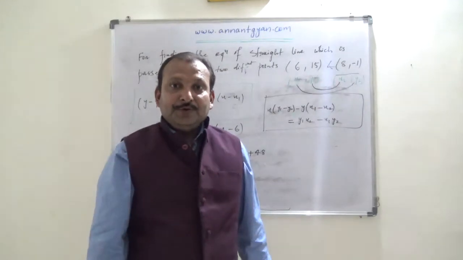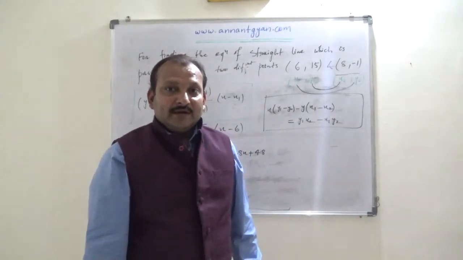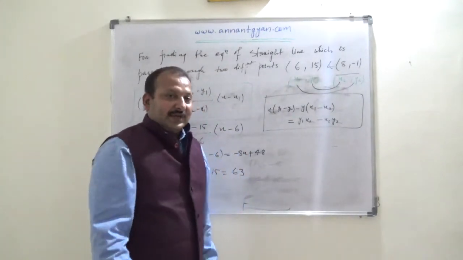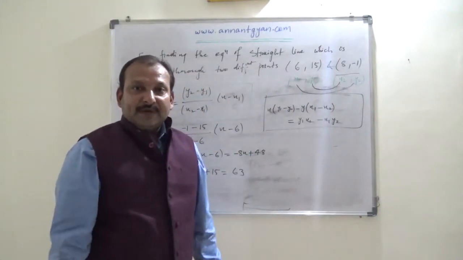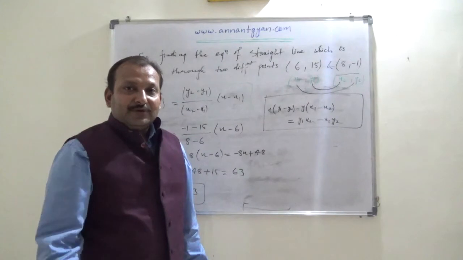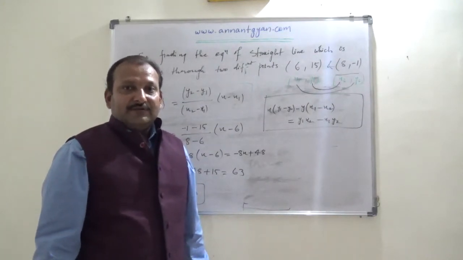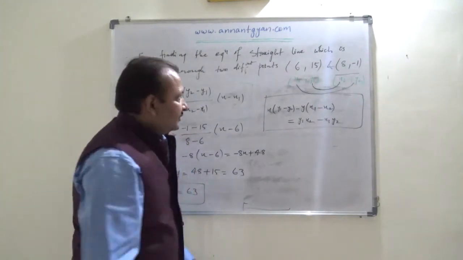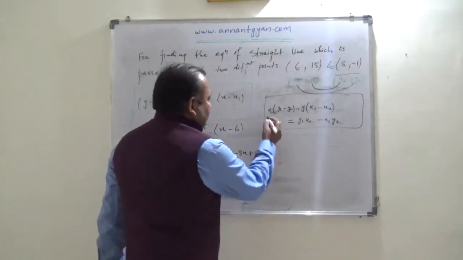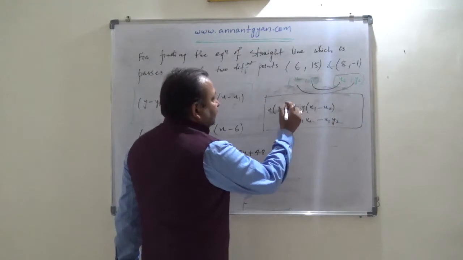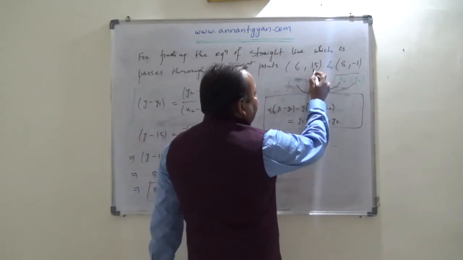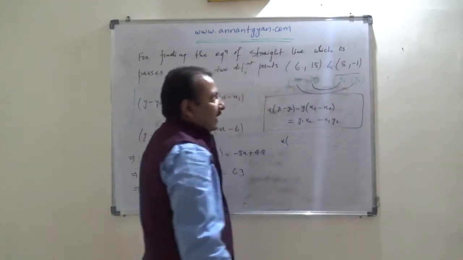So I shall show you how we get the equation of a straight line with the help of this formula. This is the Vedic method which we are using to get the equation of a straight line which passes through two different points. So here x into y1 minus y2. y1 is 15 here and y2 is minus 1.